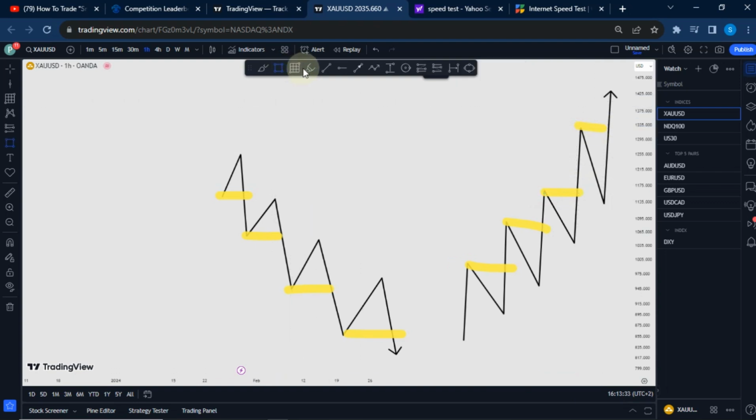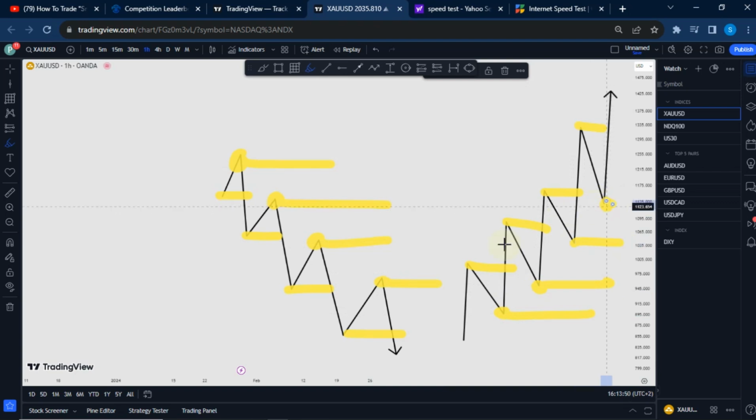What caused our break of structure becomes our zones. So this one is going to be your zone, and this one, and this one.